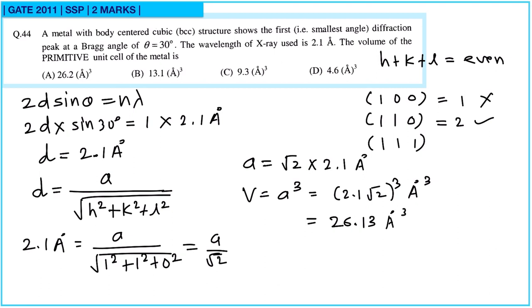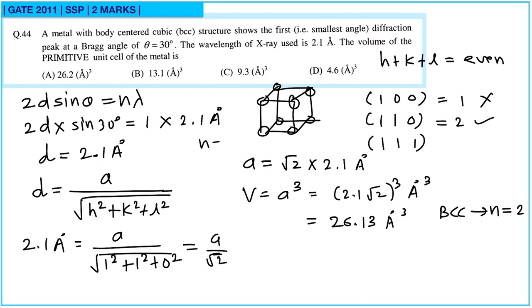So this is for BCC, but we know that in a BCC structure, the total number of atoms in that state will be 2, because we have this structure here, 1, 2, 3, 4, 5 and 6, 7. So 8 such atoms are there on the corners. So the effective number n will be equal to 1 by 8 into 8, plus there is one more atom at the center, so plus 1, so this will be 2.